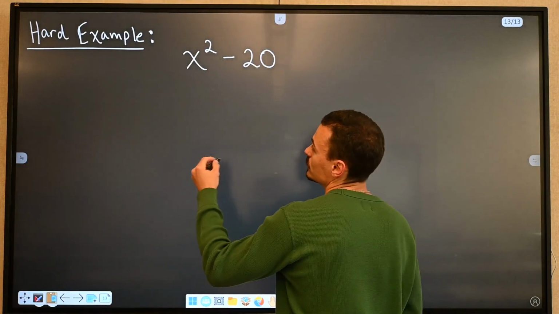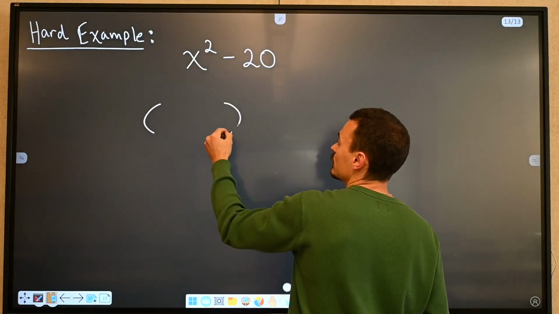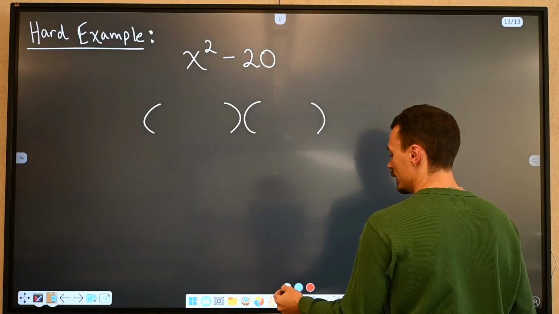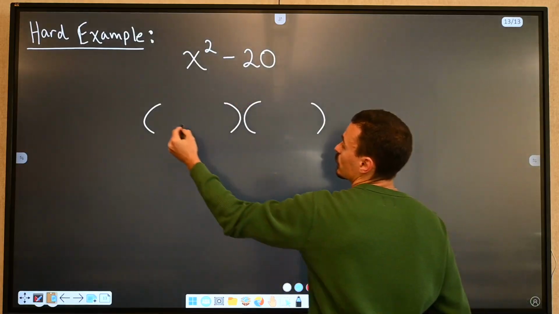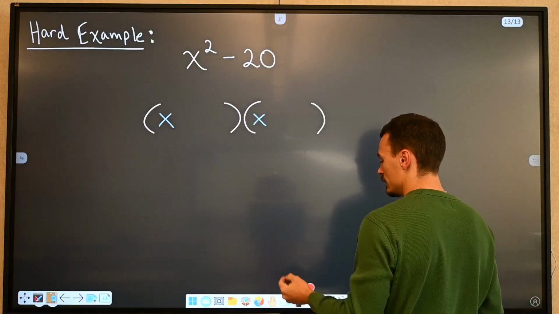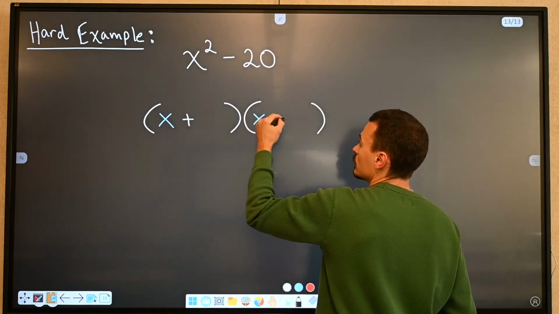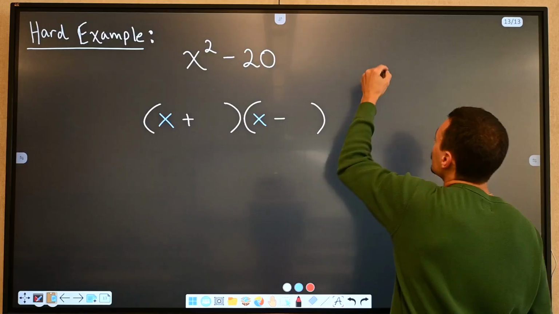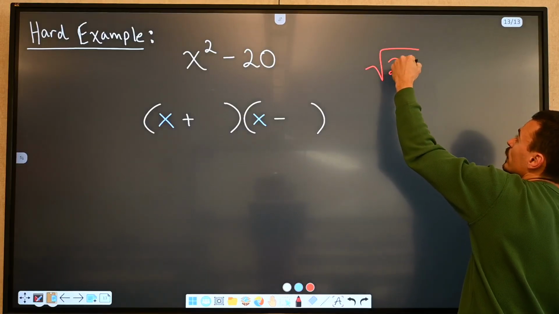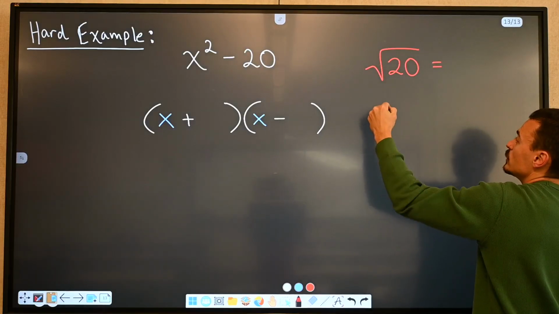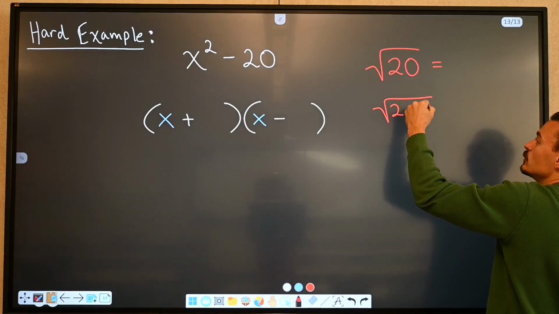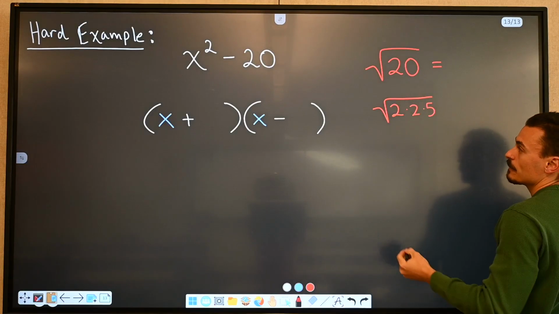So right here, I want to use the difference of two squares. Okay, my first term is x squared. That's easy. Now the 20, the square root of 20, if you remember from ELO 2, would be 2 times 2 times 5.